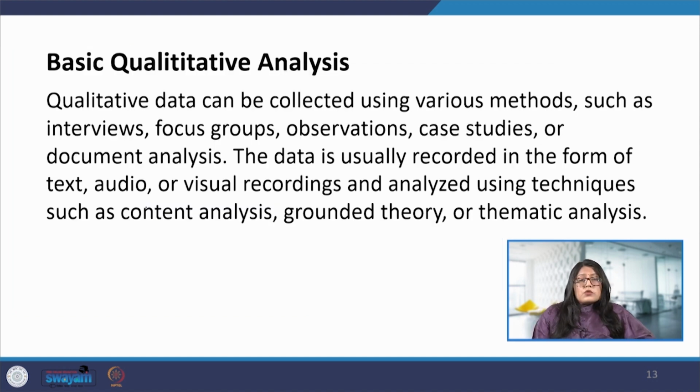So, qualitative data can be collected with various methods like focus groups, observation, case study or even analysis of documents. The data is usually recorded as text or a video recording and analyzed using techniques like content analysis, grounded theory or thematic analysis.